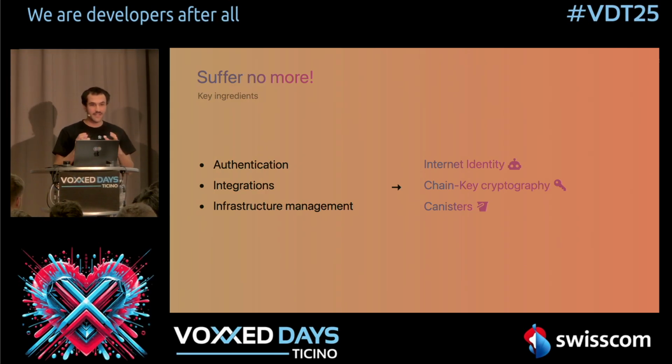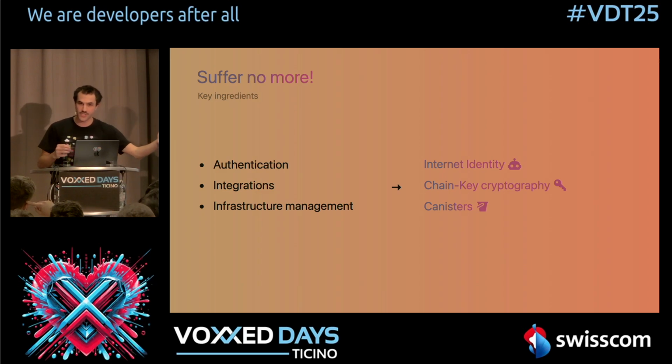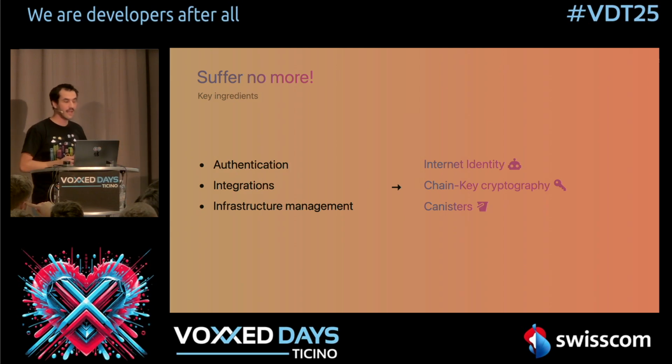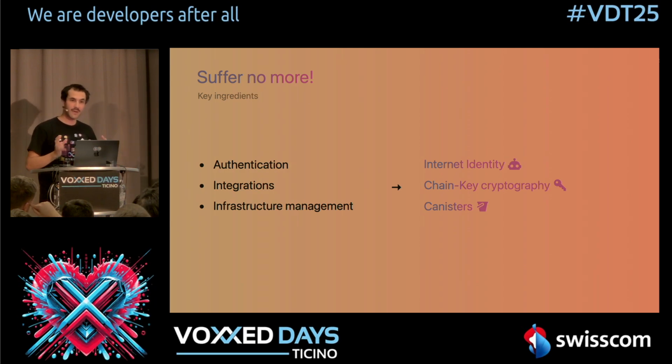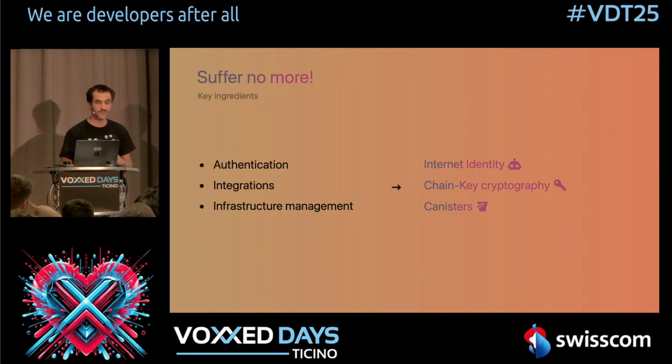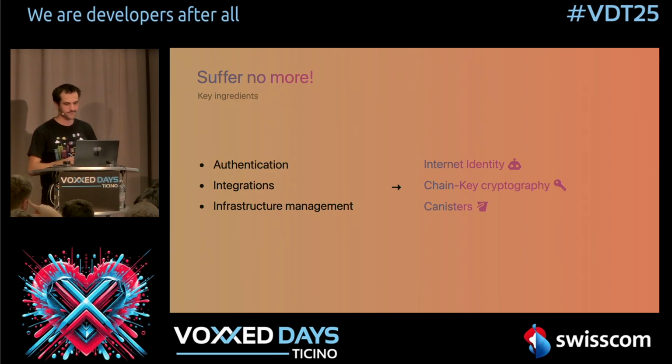The key is going to take care of the integrations that we do with external systems, so talking to other blockchains, or to blockchains in general, managing the tokens of the users and stuff like that. And then we need buckets. And the buckets are the canisters. We're going to understand what that word means. And the buckets are going to take care of the infrastructure management for us, so we don't have to care about it.